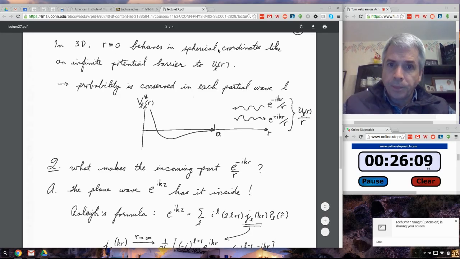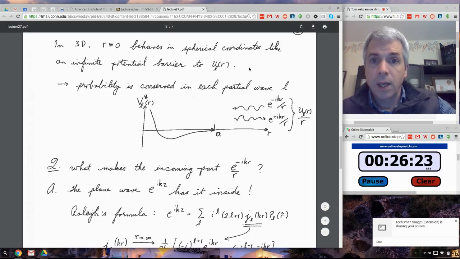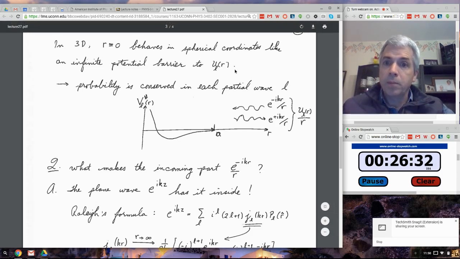What we do is write down the wave function as u of r over r times Y_lm. Use the Y_lm to convert the angular part of the kinetic energy into what looks like a centrifugal barrier potential, and that becomes now an L-dependent potential for the equivalent one-dimensional problem.